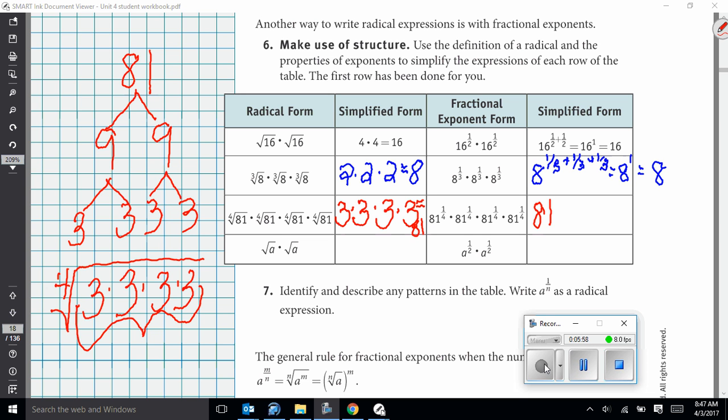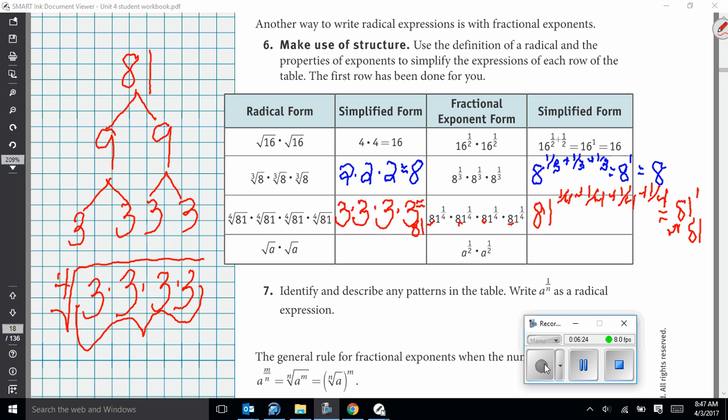Here we have 81 to the 1/4. And since our bases are all the same here, what do we do with our exponents? Add them together. 1/4 plus 1/4 plus 1/4 plus 1/4 is 4/4, so we have 81 to the 1 power, or just 81.